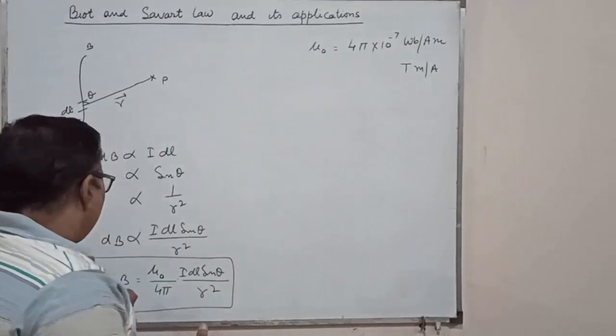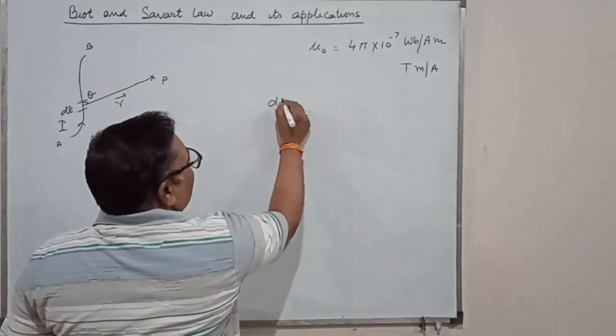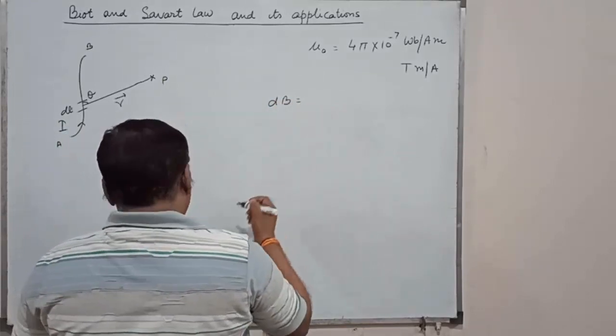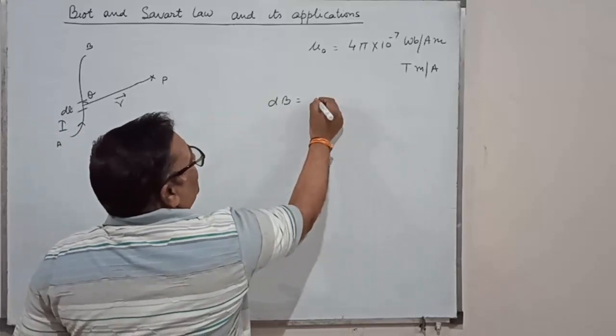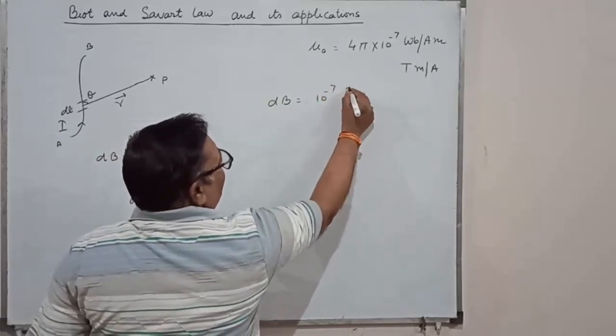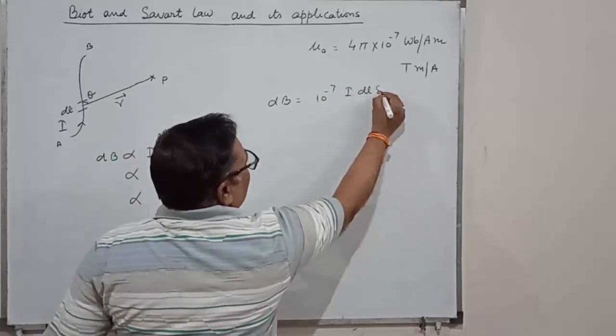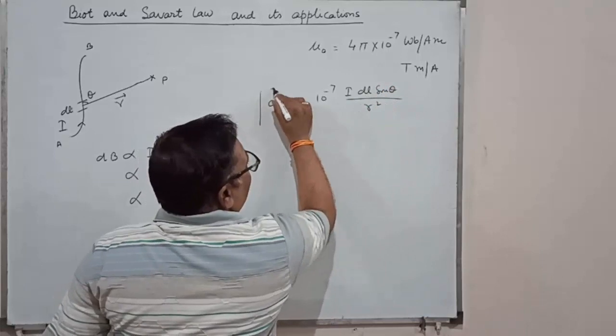So if we place this value in this expression, dB is equal to 10 to the power minus 7 Idl sin theta upon r square.